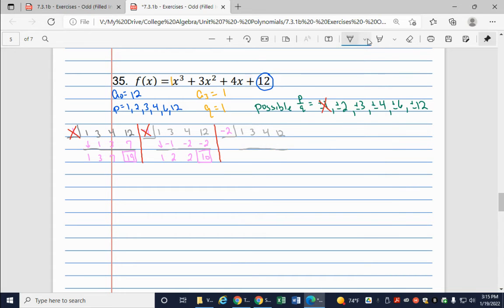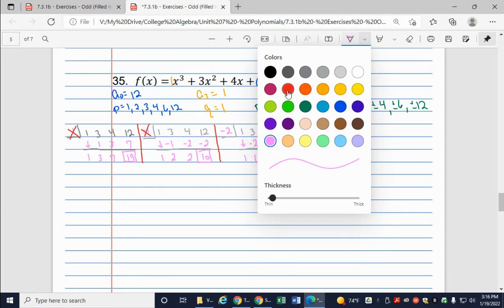The 1's going to come straight down. -2 times 1 is -2. 3 minus 2 is 1. -2 times 1 is -2. 4 minus 2 is 2. -2 times 2 is -4. So that's going to be 8. We got a little closer, but still not a 0.